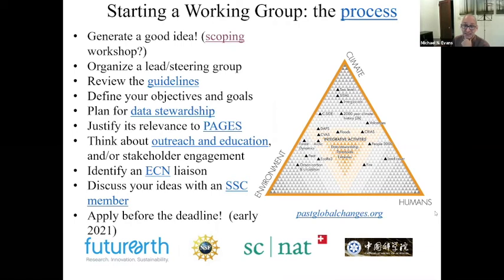But you might imagine a stakeholder could also be a group like the World Climate Research Programme, which is a scientific partner of PAGES. We have in the past collaborated, and representatives from WCRP participated in PAGES meetings and vice versa.